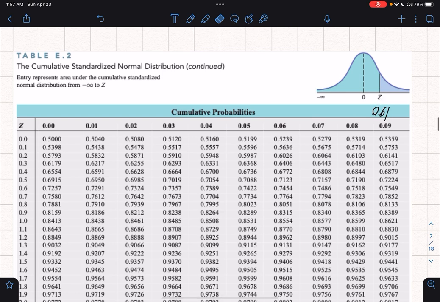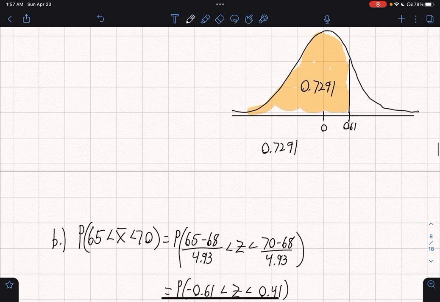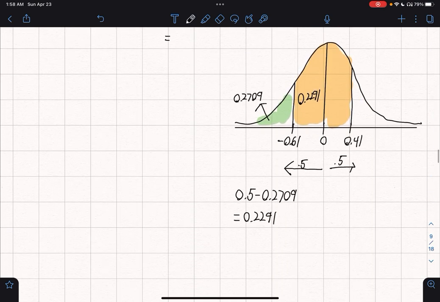So 0.41, I get 0.6591. So 0.6591, then minus 0.5 is equal to 0.1591.